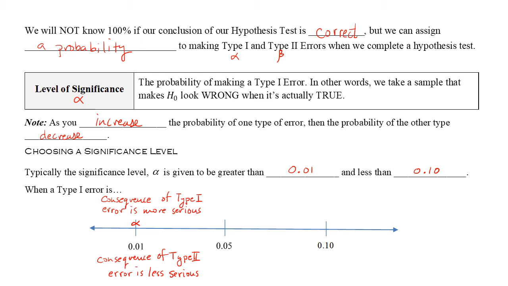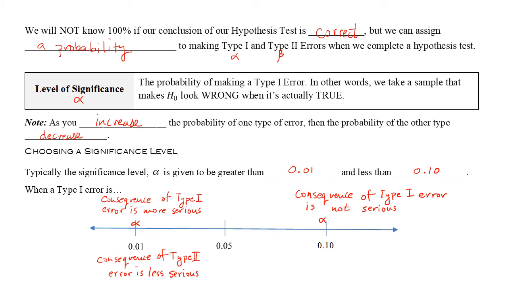If it's the other way around, however, then choosing a bigger value for alpha would be a better choice, because if our consequence of a type 1 error is not as serious, then it would be okay to have a higher value for alpha, in which case we would have a smaller value for beta.